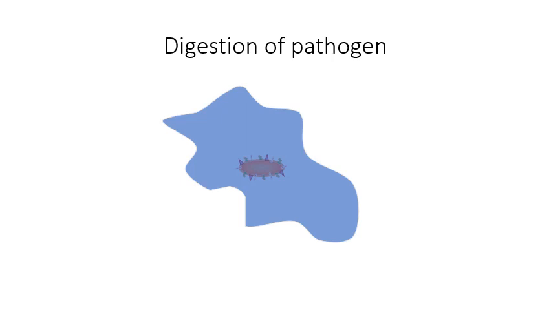So now we're having a look at the inside of our phagocytic cells. So our phagocytic cell is shown in blue, and we can see that it has engulfed our pathogen, which had non-self antigens on its surface.